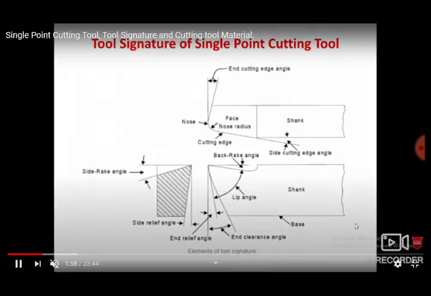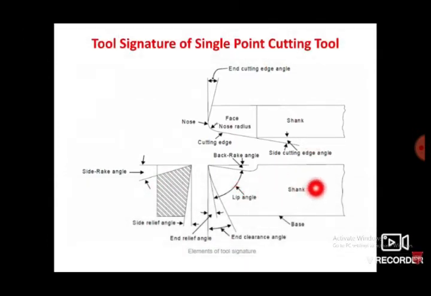Signature of 2D dimension. 2D dimension we already discussed. What is the nose? Here the nose, end cutting edge angle. Next, this is the side cutting edge angle, shank, face, and here side relief angle, side rake angle, shank.